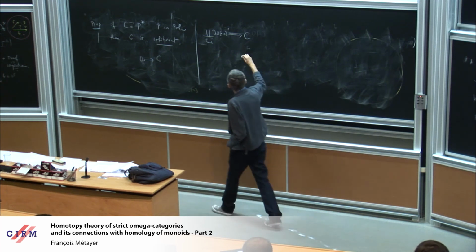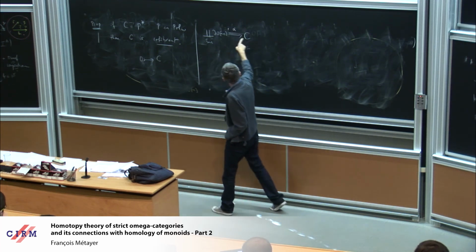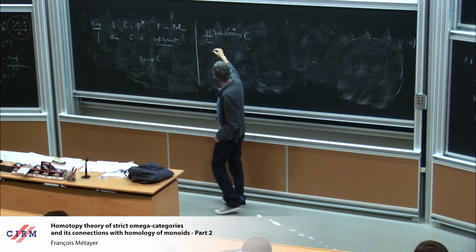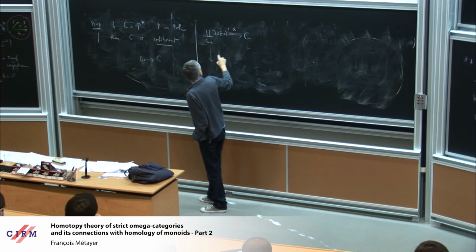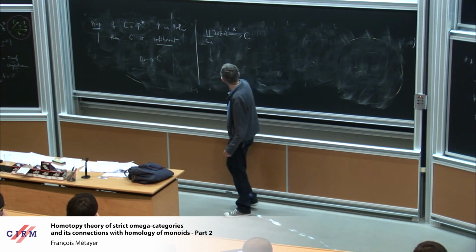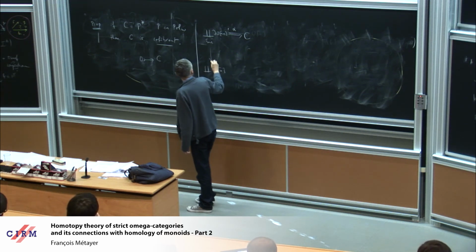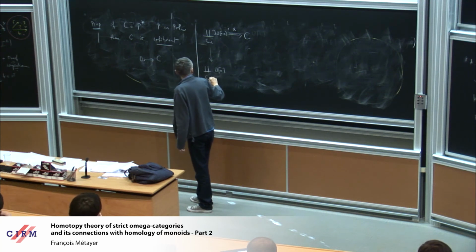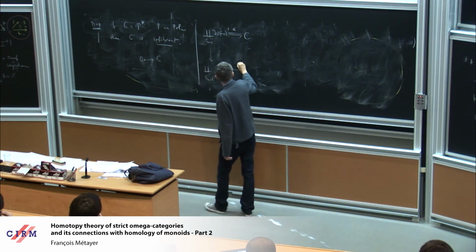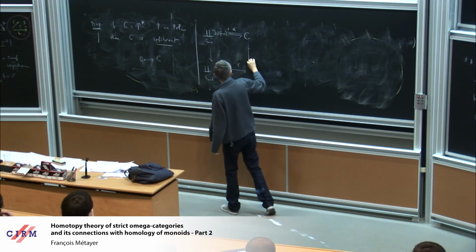Okay, so that's a map alpha, say. Okay, and to add cells to get to the next level, you push out by this O n plus 1. So you have a push out here.